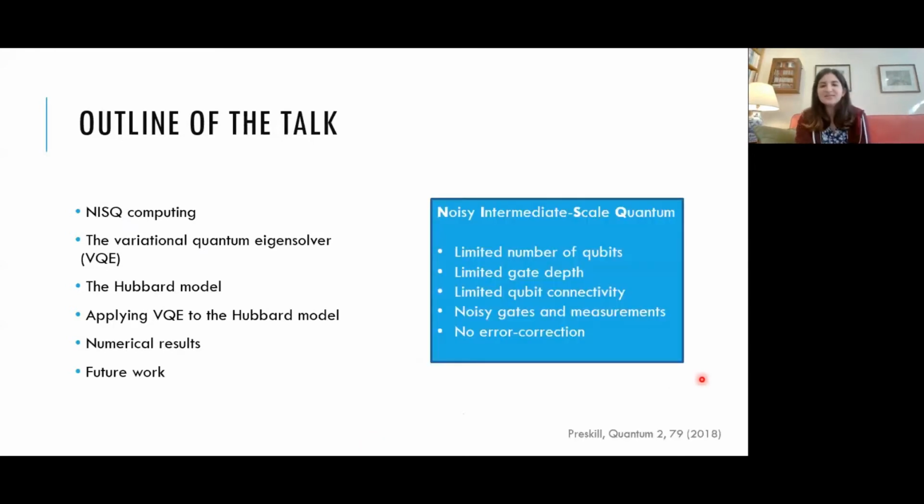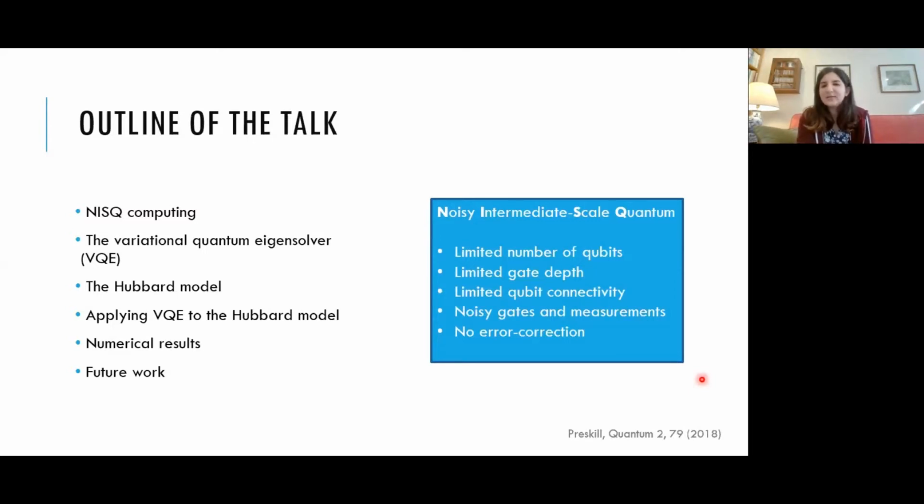So NISQ stands for Noisy Intermediate Scale Quantum. This is characterized by a number of things, a limited number of qubits. The most qubits we have at the moment is on Google Sycamore, which is 53 qubits, so I would say NISQ is about in that range. There's a limited gate depth, so there's a limited number of gates you can apply before your qubits just decohere and become too noisy.